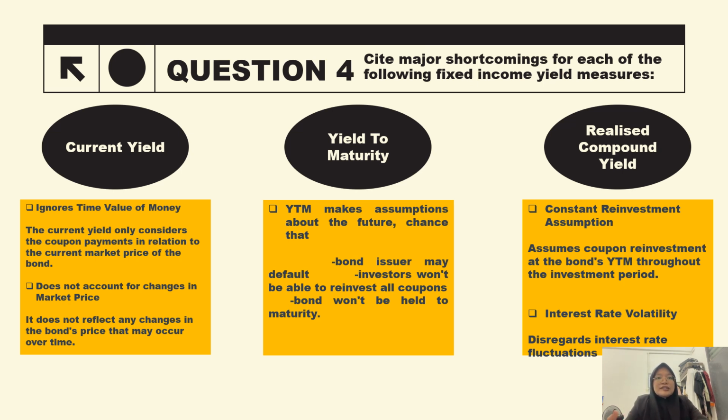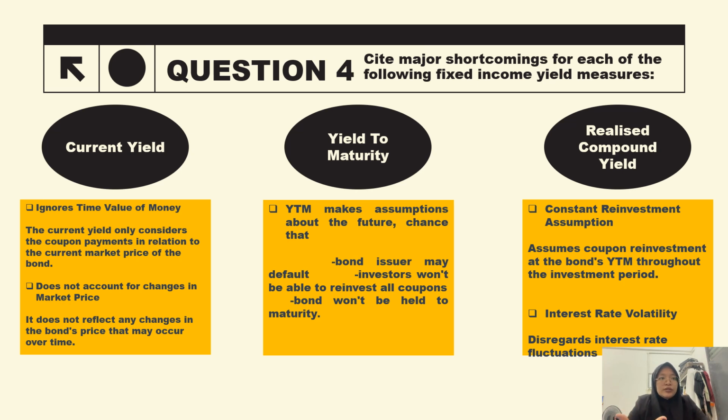Okay, the next point is yield to maturity. Since yield to maturity makes assumptions about the future, there is a chance that the bond issuer may default, investors will not be able to reinvest all of the coupons, and the bond will not be held to maturity. And the last point is realized compound yield, which has a constant reinvestment assumption.